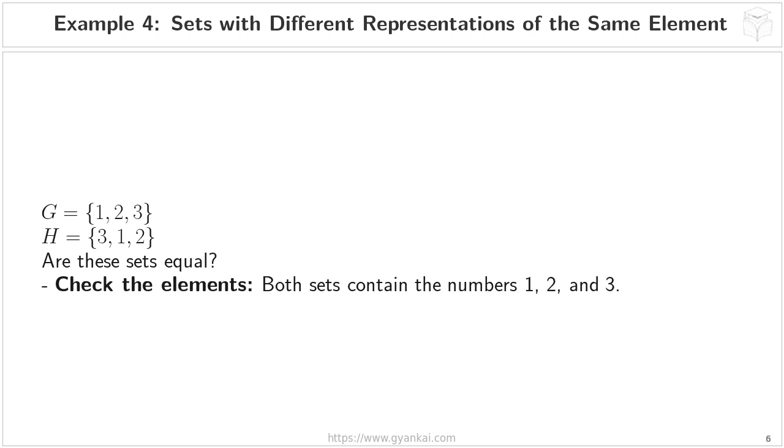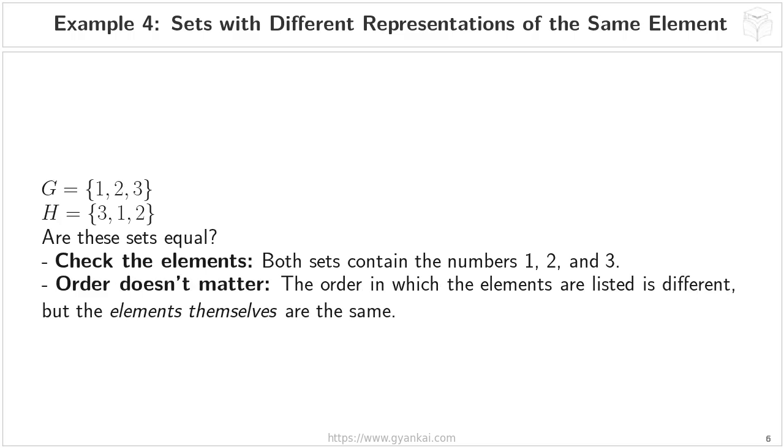Let's check the elements. If you look closely, both sets contain the same numbers, 1, 2, and 3. And remember what we discussed earlier, the order in which we list the elements doesn't matter when determining if two sets are equal. The elements themselves are the same, we've just written them in a different sequence.